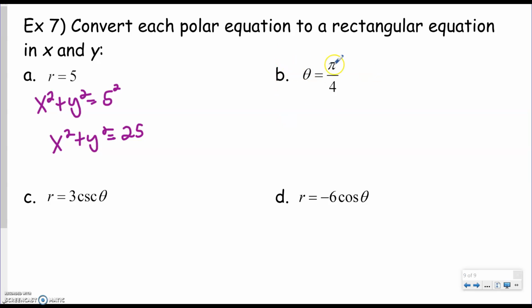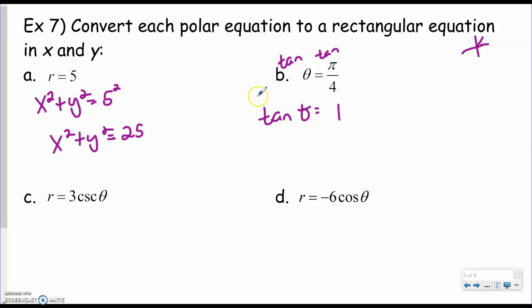Okay. For this one, I'm going to take tangent of both sides. So I have tangent of theta, and at pi over 4, tangent is 1. Okay.